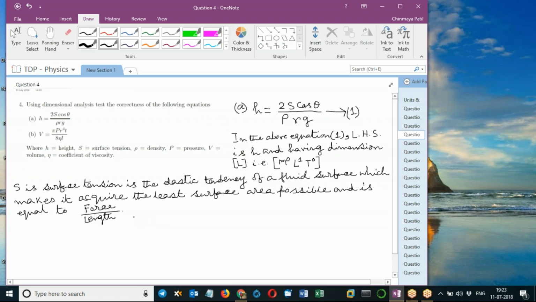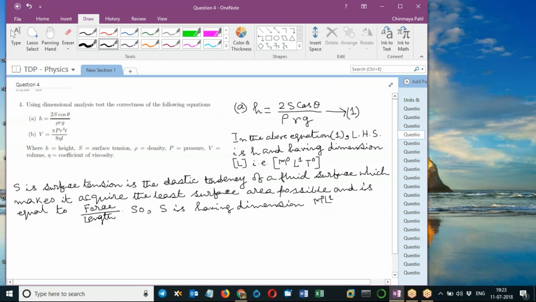Force is mass into acceleration, so M power 1, L power 1, T power minus 2, divided by L.